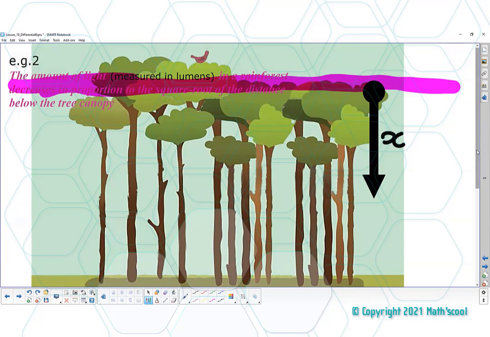So we've got sunlight here, lots of sun rays above the tree canopy. When you get down below the tree canopy, the amount of light gets less and less.